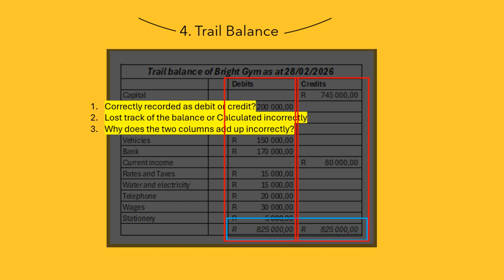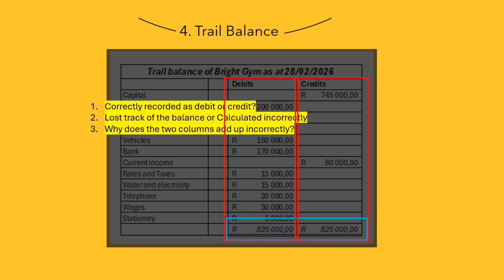Have you lost track of what the balances of each account in the ledgers are, and why the balances have been incorrectly calculated? So go back to the ledger, make sure everything is calculated correctly, and then have you checked why the two columns add up incorrectly? Maybe you just forgot to make an entry, maybe you just switched two amounts around.